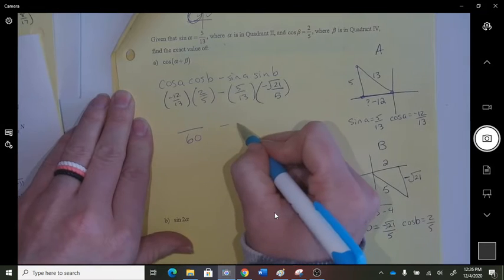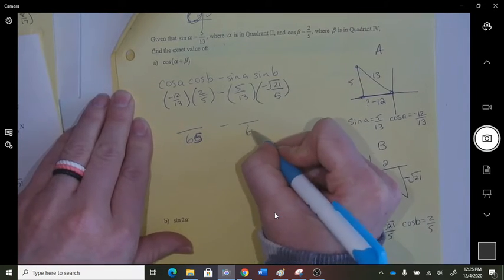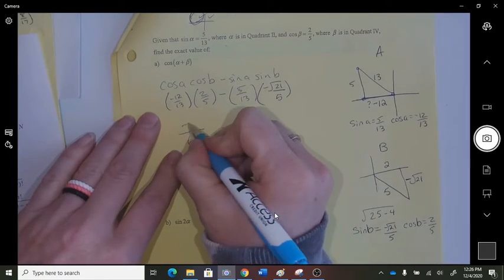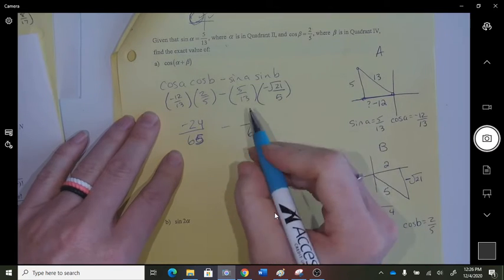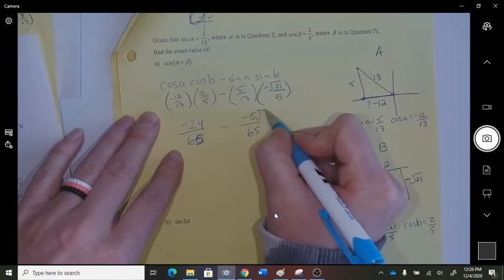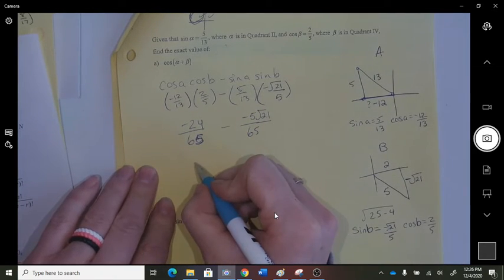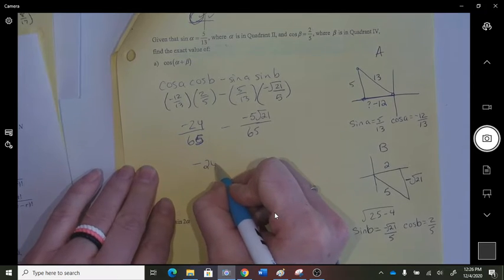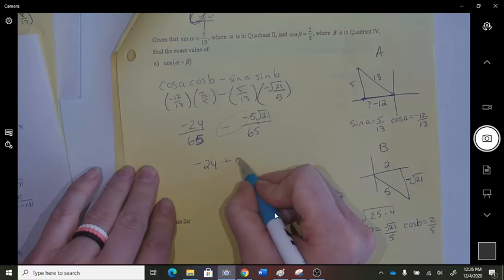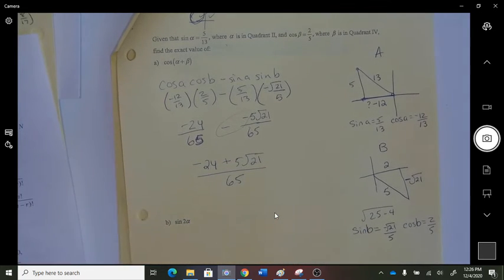Okay, both will have 65 in the denominator. And we get negative 24, and here we get negative 5 root 21. Okay, so this is going to turn into negative 24 plus 5 root 21. Nothing else I can do about that. Can't simplify it.